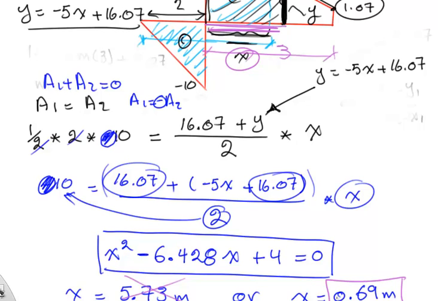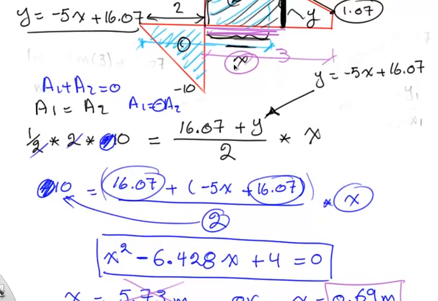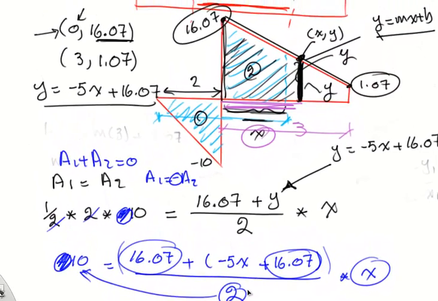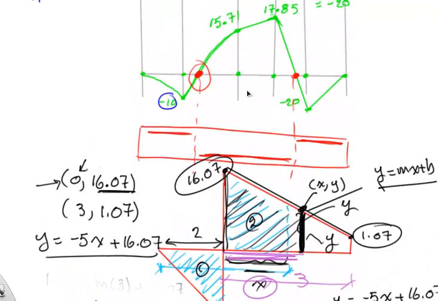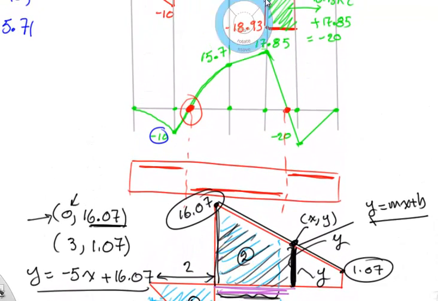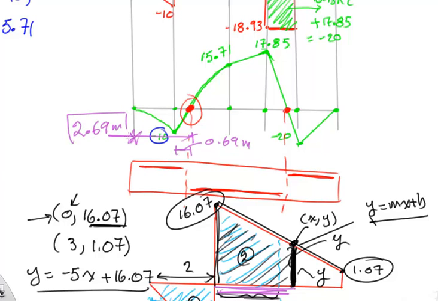Now you know the first point where the moment is 0.69 from the left support, or you can simply say it's this distance, 0.69 meters, or from here this distance is 2.69 meters.